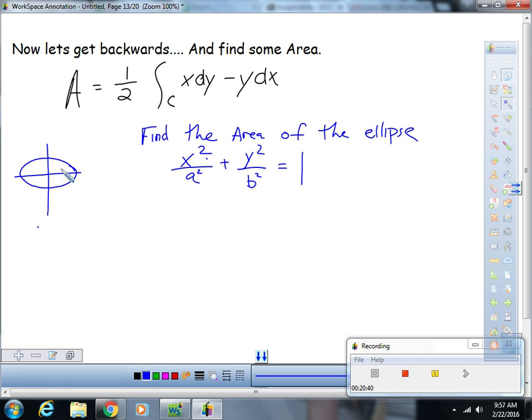Okay. So now we do have to work to find the parametrization because we're going to use the line integral technique. So does anyone know or remember an ellipse in parametrics? Very similar to a circle. Excellent. It's a cosine t and b sine t. Okay? So, what would dx be?